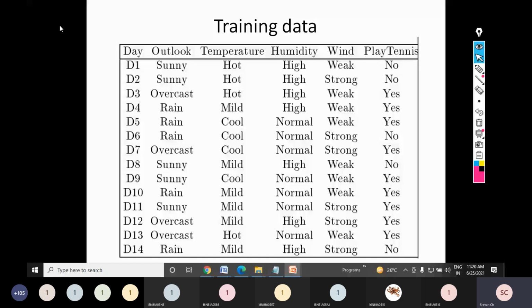Suppose there is another possibility called match abandoned, but in my training data there is no record in which a match is abandoned. So what will happen? My Naive Bayes classifier will never come to know that there is another class called abandoned, and it will never try to predict properly when the expected output should be abandoned. It will always fail.